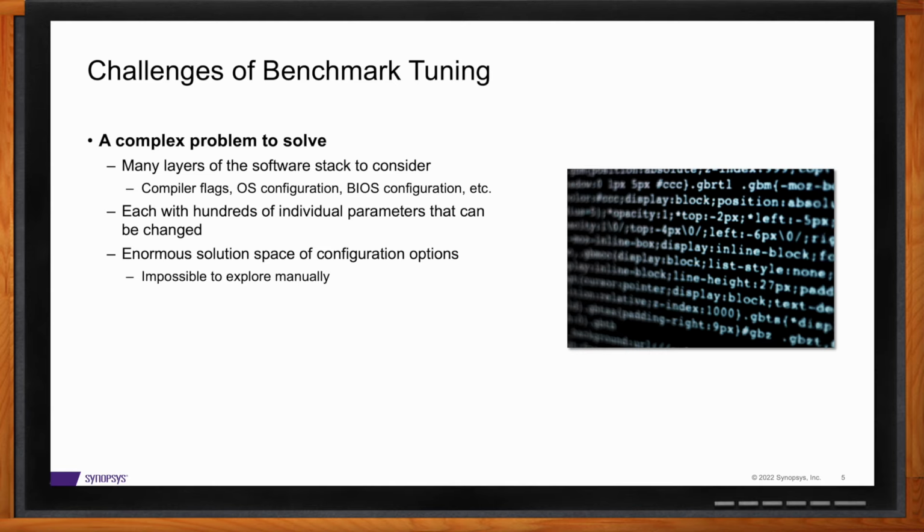At each one of those layers, you have potentially hundreds, in some cases thousands, of individual parameters that can be changed, if you look at the compilers. So if you start multiplying all those possibilities, you end up with a solution space that is incredibly wide. There are so many different ways to configure each one of those systems that it's essentially impossible to do manually, even though that's the methodology that most teams end up adopting by default.